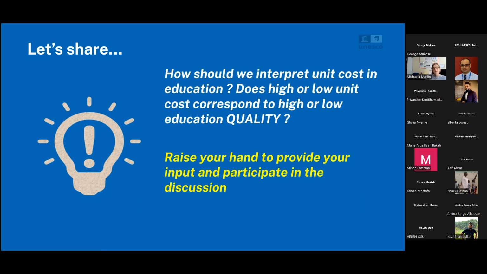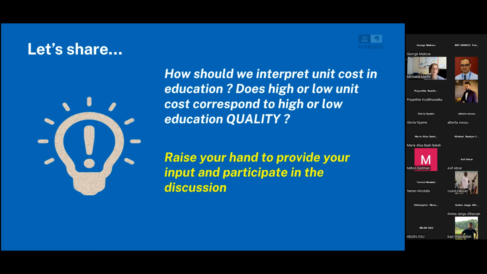So if we see that we have a high unit cost and, at the same point in time, also high learning achievements, we can assume, we do not know exactly, but we can assume that the relationship comes from the good conditions that a child finds at the school level to follow his or her education. But it is a potential. And so as a consequence, unit costs on their own are not so easy to interpret.